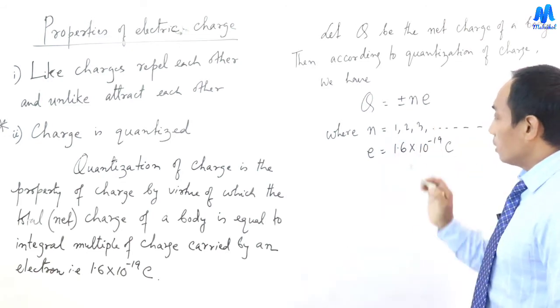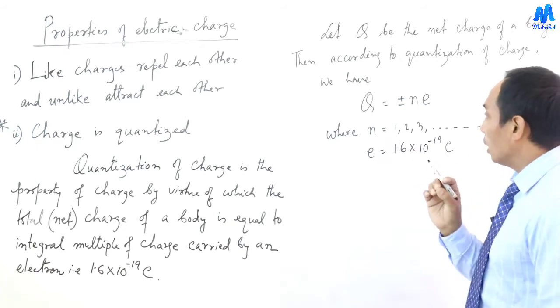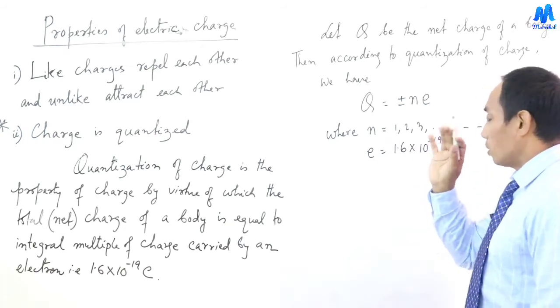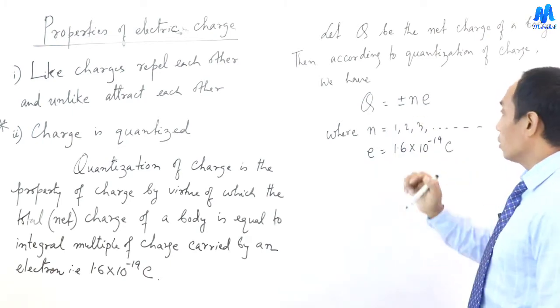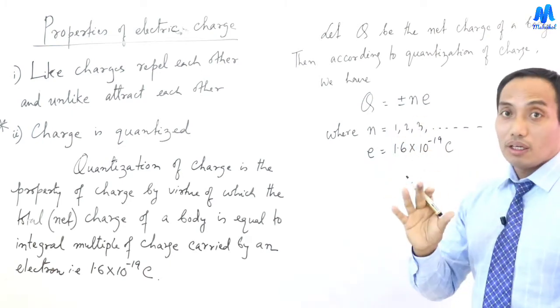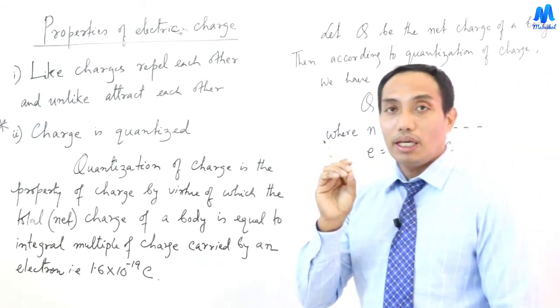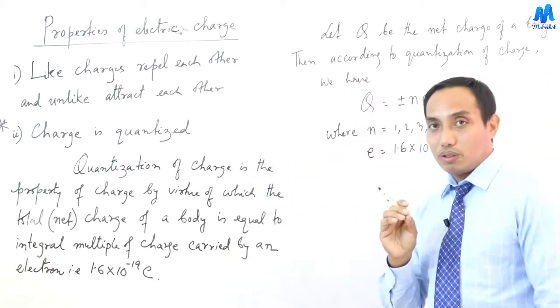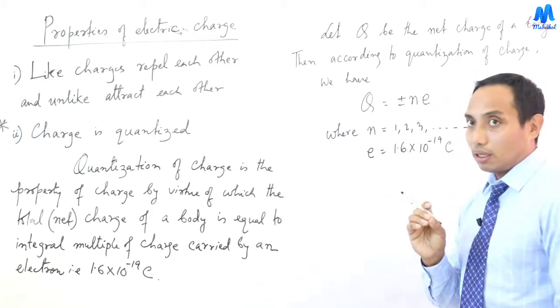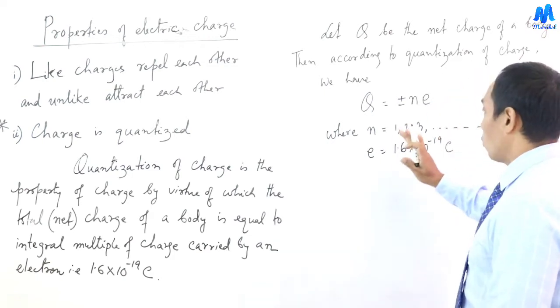Now see the plus minus: if the body carries negative charges, then we have to use a negative integer, that is minus 1, minus 2, minus 3. If the body carries positive charges, then we have to take positive integers, plus 1, plus 2.